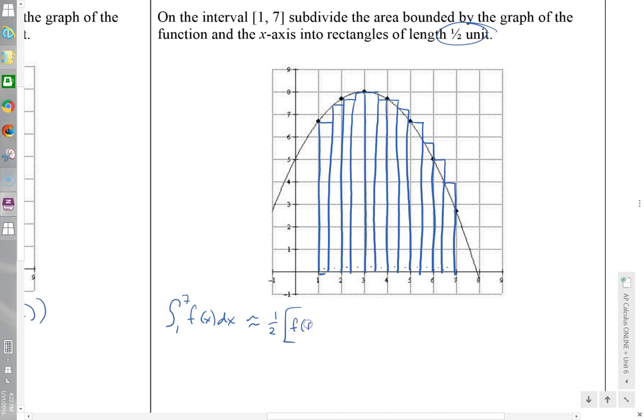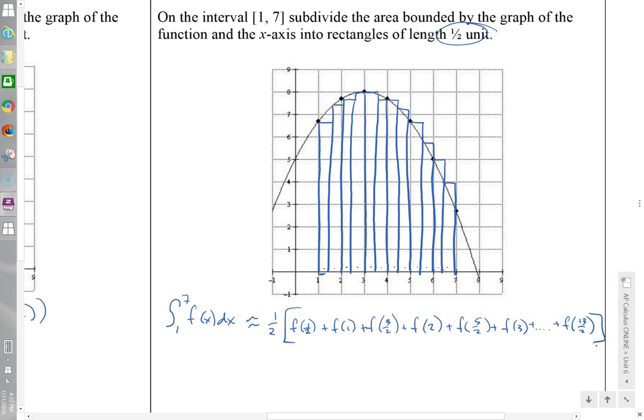So we got f of 1/2, oops, nope, that should be 1, plus f of 3/2 plus f of 2 plus f of 5/2 plus f of 3, etc., until we get all the way to f of 6.5, which is 13/2. And that's how we would set that up.